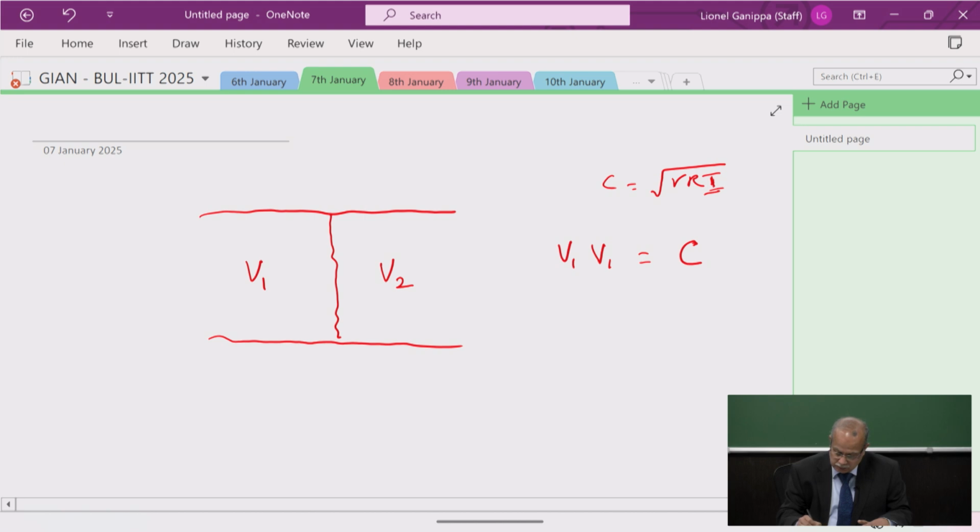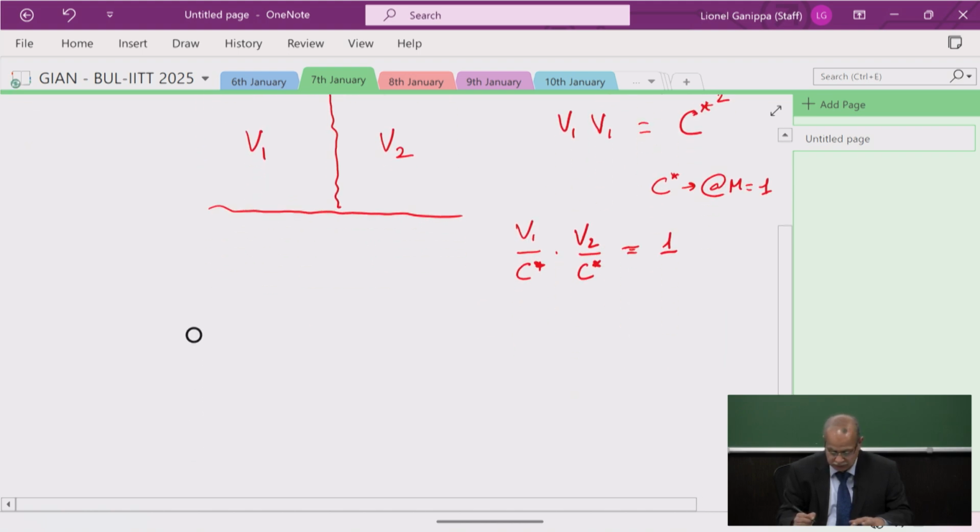So Prandtl proposed a critical speed of sound. The critical speed of sound is the one which occurs at M equal to 1. Accordingly, Prandtl proposed that V1 by C star into V2 by C star is equal to 1.